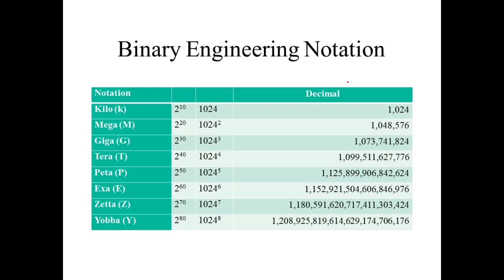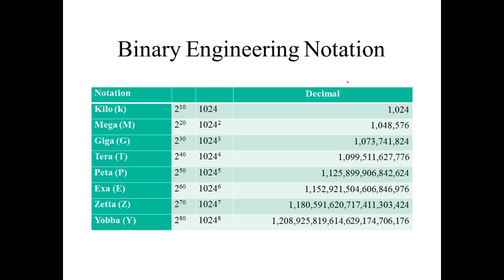So in binary, they run in powers of 2. A kilo in binary is 2 to the 10th, which in decimal is equal to 1024. And then a meg would be 1024K, and then a gig would be 1024 meg, right? You understand? So in binary, we run in groups of 1024, which is what a K is.